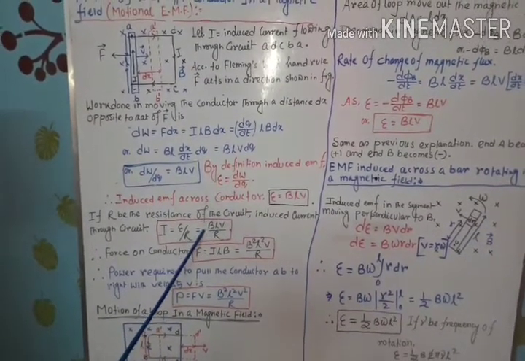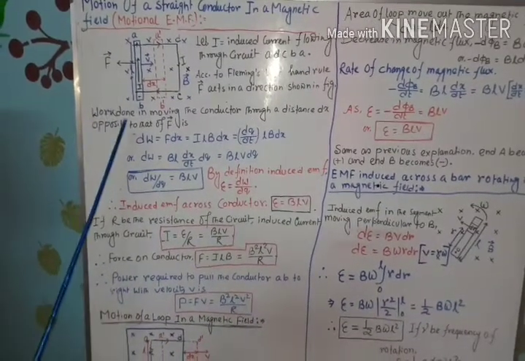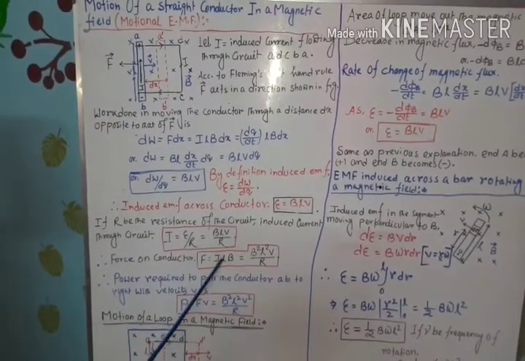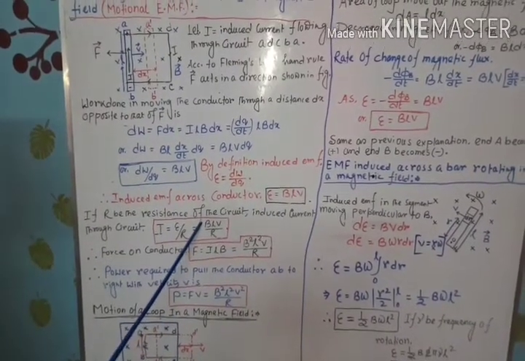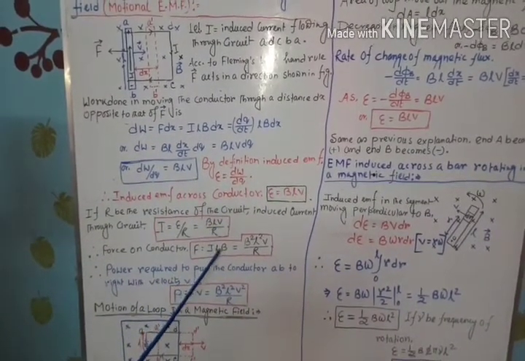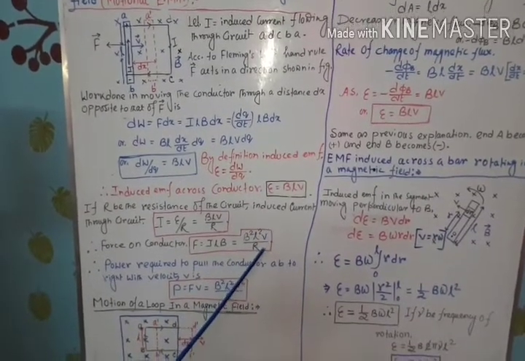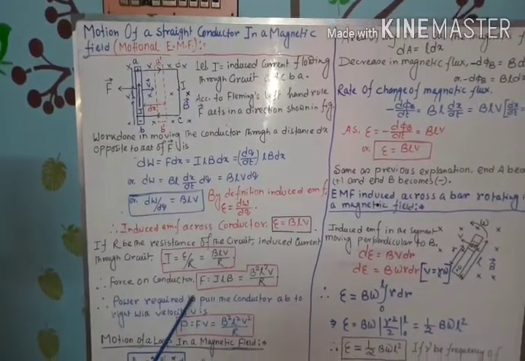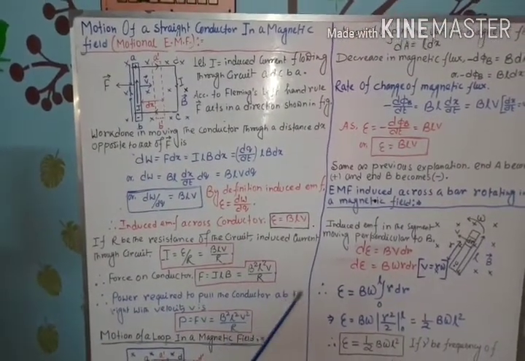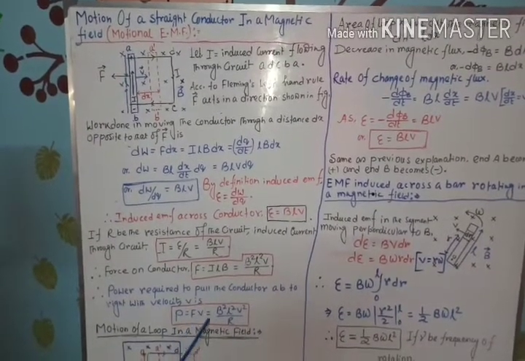Okay. Now if you want to determine the magnitude of this force, force equals ILB. Now put the value of I from the previous expression, that is BLV by R. So the force becomes B squared L squared V by R. Now if you want to determine the power required to pull the conductor AB to the right with a velocity V, power equals force into velocity.